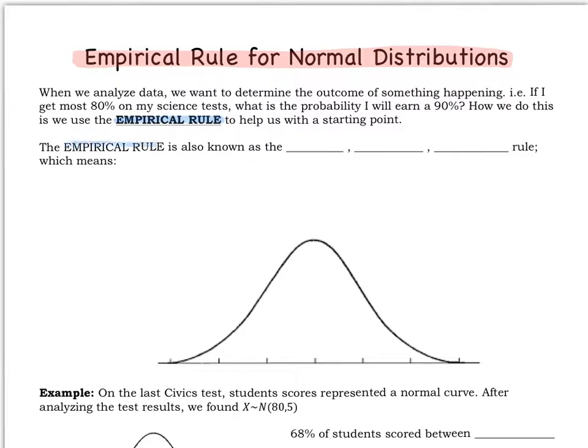The empirical rule is also known as the 68, 95, 99.7 rule.